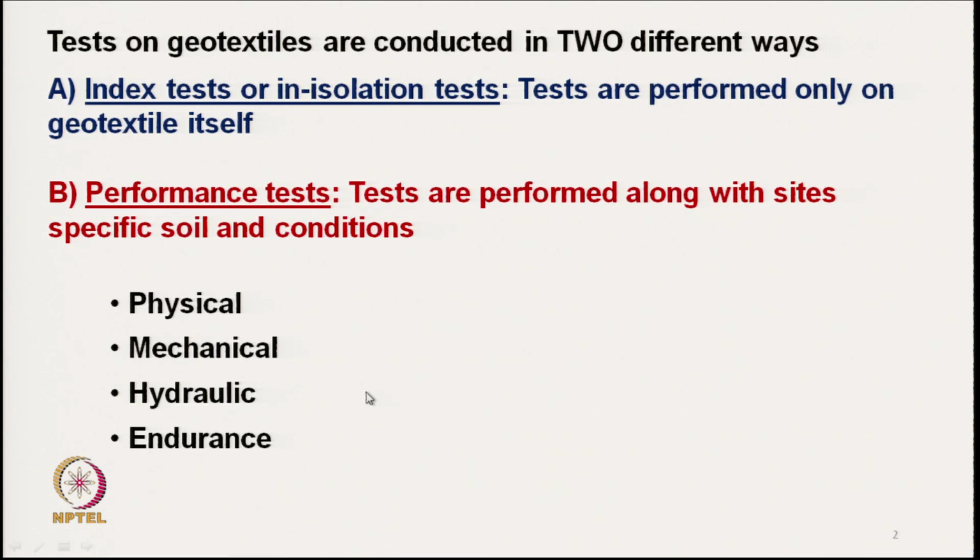Apart from this, there are endurance tests and degradation tests. Endurance is basically a combination of mechanical and hydraulic characteristics, and degradation is mainly related to polymer characteristics.